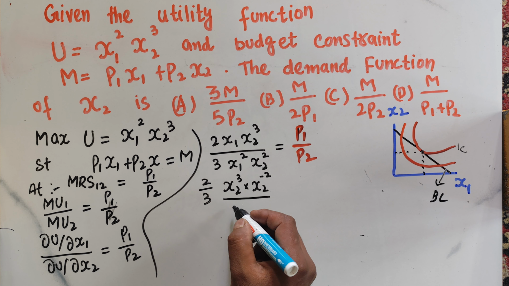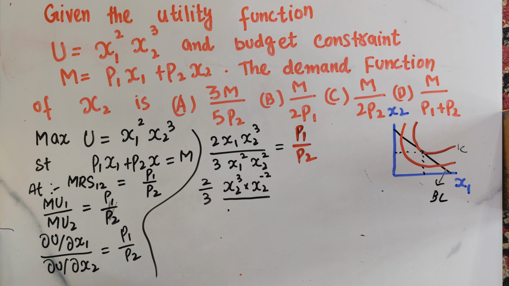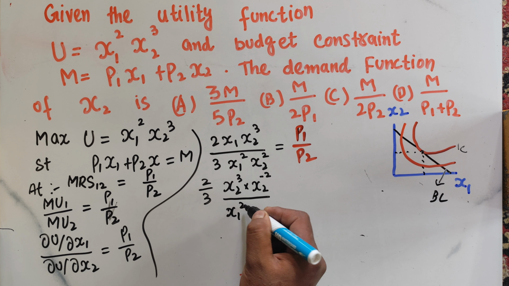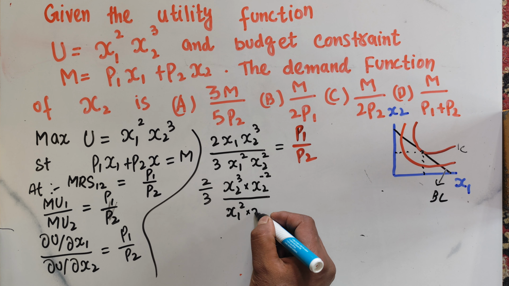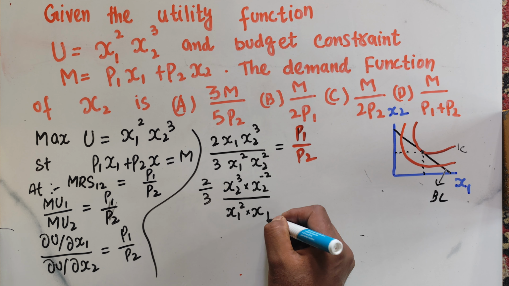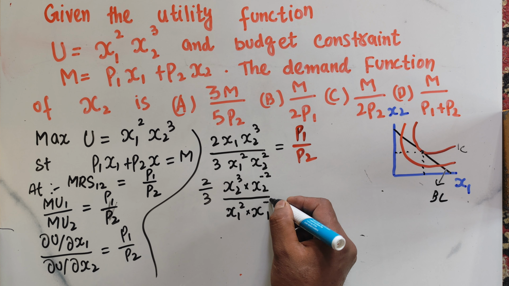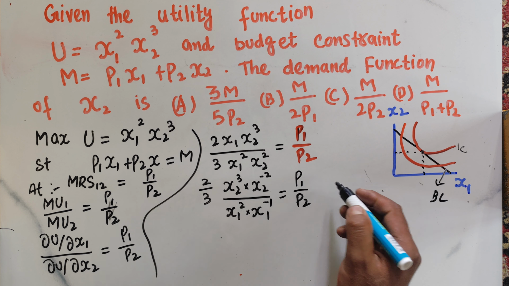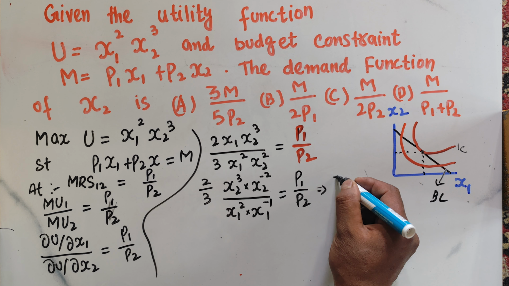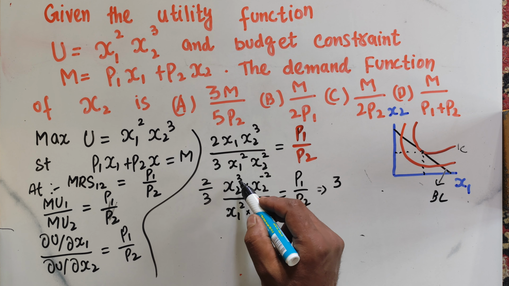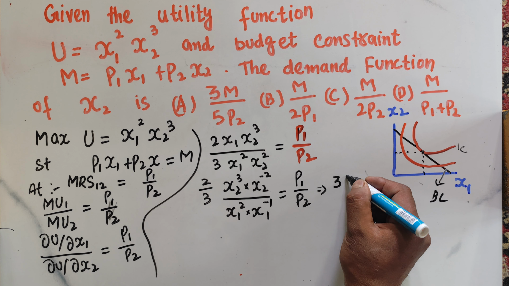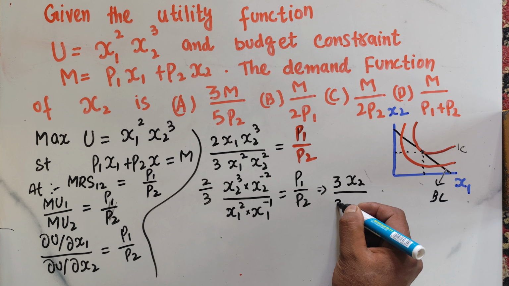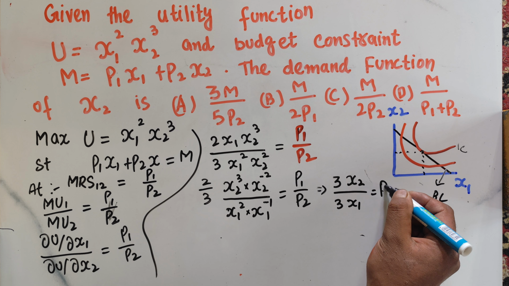Similarly, here we have x1 square; if I transpose this, the exponent sign changes, so it is minus 1. This should be equal to P1 upon P2. Bases are the same, so we have 3 minus 2 is 1, so we get x2, divided by x1 since 2 minus 1 is 1, giving 2x2 upon 3x1 equal to P1 upon P2.